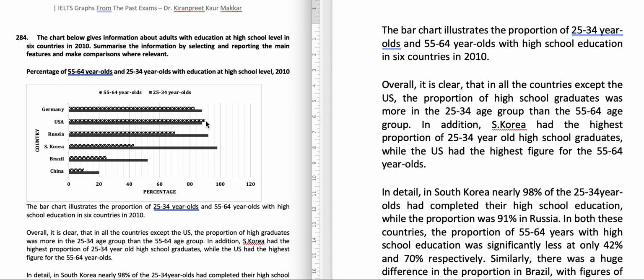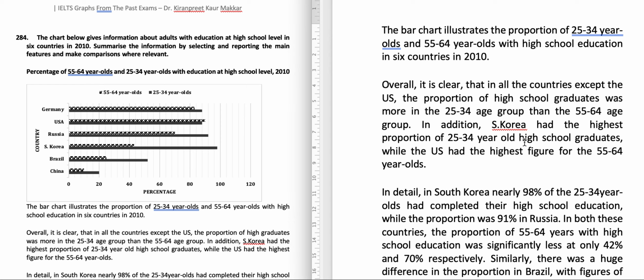Okay, and otherwise in all the age groups the proportion of the 25 to 34 age group is more than that. So this is one sentence, and as it is a comparison of only two age groups, the comparative form of the adjective is being used, that is more than. So more and than words should be there in the sentence.